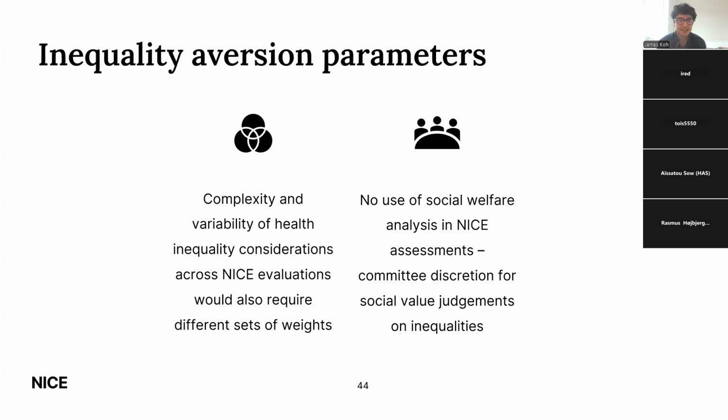There's too much complexity and variability in the different ways in which health inequalities can arise. NICE evaluations would require so many different sets of weights to cover so many different circumstances that it's not feasible, practical, or desirable for committees to have that level of complexity.